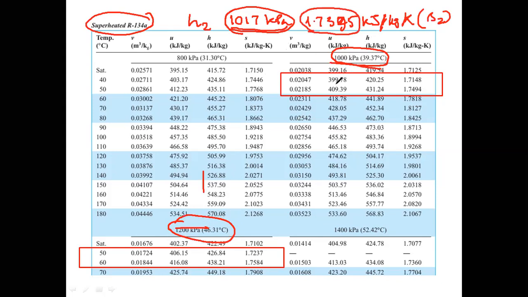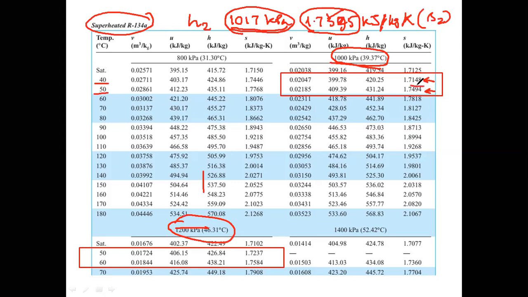In the table of 1000 kilopascal, corresponding to 40 degree centigrade and 50 degree centigrade, the entropies are 1.7148 and 1.7494, and you see that this value 1.7395 is in between.